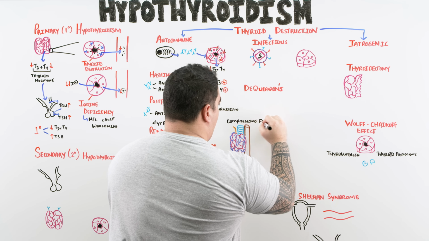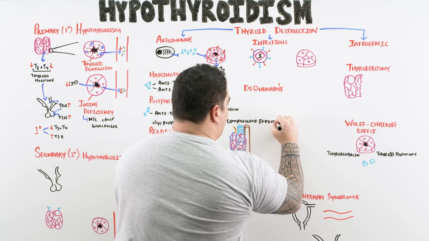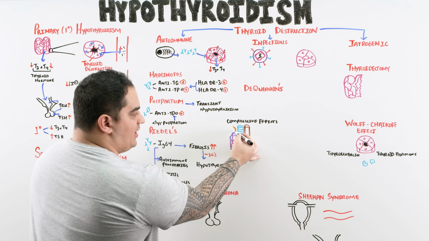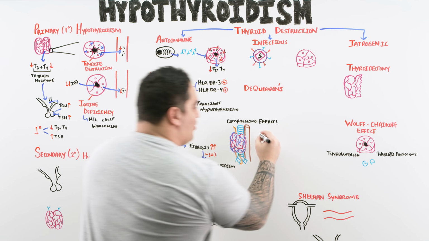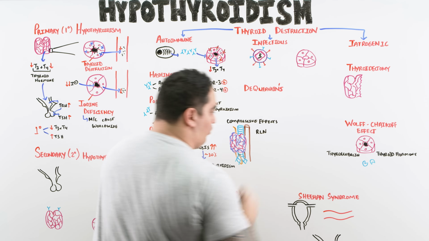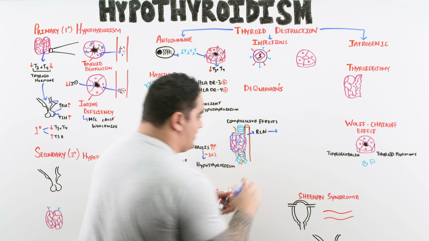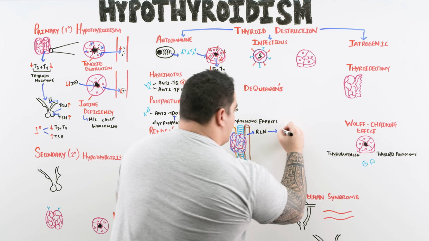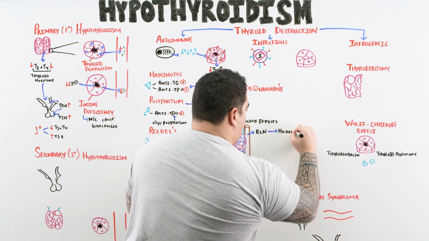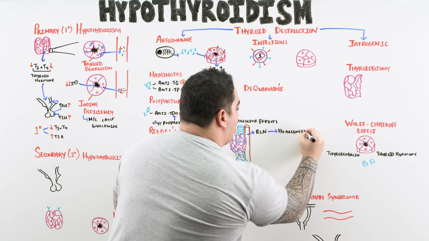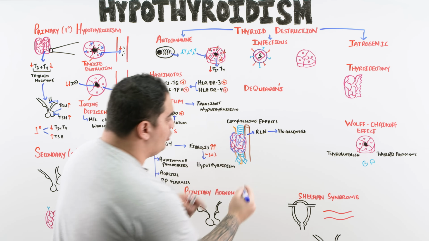effects. And the compressive effects in order is I will compress the recurrent laryngeal nerve. I'm going to abbreviate that RLN, recurrent laryngeal nerve. If I compress that puppy, what will be the symptom? Hoarseness, right? So I'll have hoarseness. The other thing is I can compress the trachea.